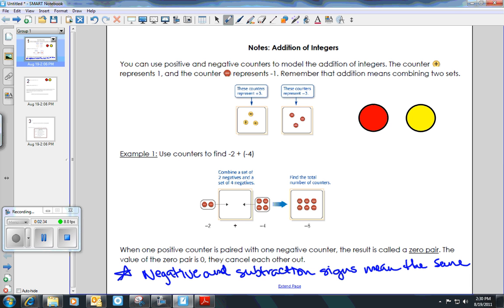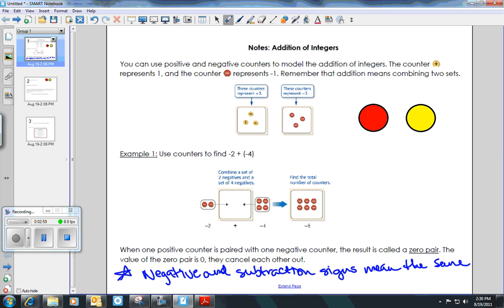All right, so we can use positive and negative counters to model addition of integers. So we're going to add together positive and negative numbers. The yellow counters represent a +1, and the red counters represent a -1. So addition means we're going to combine two things together. We're going to get a total or a sum of something. We're combining two sets of things together.